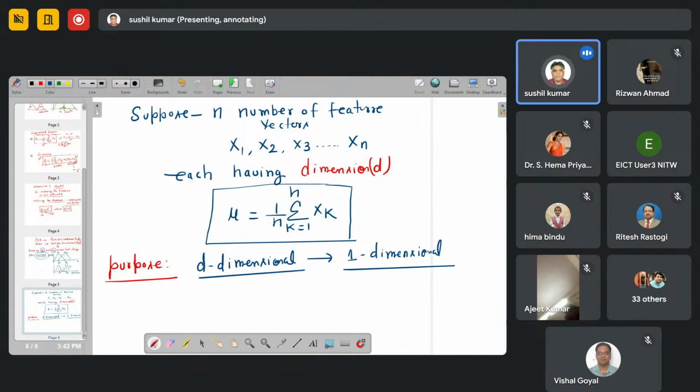So the purpose is to represent this feature vector onto a line somehow. When I say that I will represent this d-dimensional vector as a one-dimensional vector, the meaning here is that I will project all the vectors onto a line somehow.